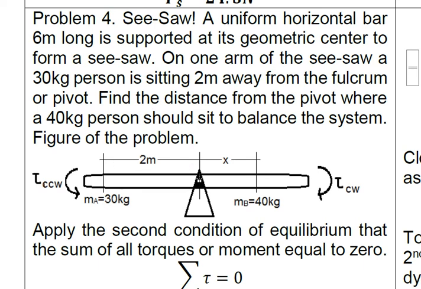The fulcrum, this part here, should be our zero or the origin. Everything will be with respect to the fulcrum, because in here there's no torque. At the pivot point, the torque is equal to 0.